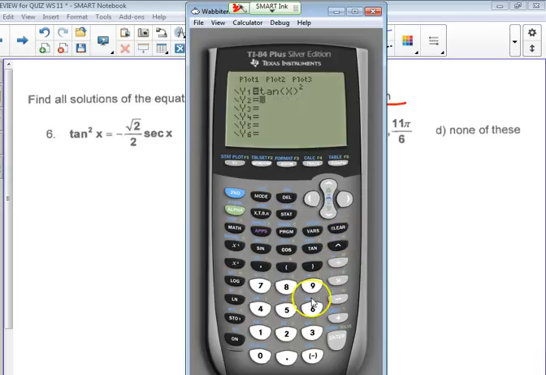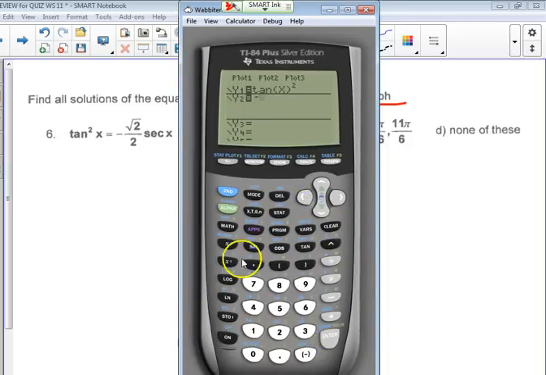And in the other one, we're going to put negative square root of 2 divided by 2. Yeah, that's not what that says. Try again. Okay. Oh, I'll get it right eventually.